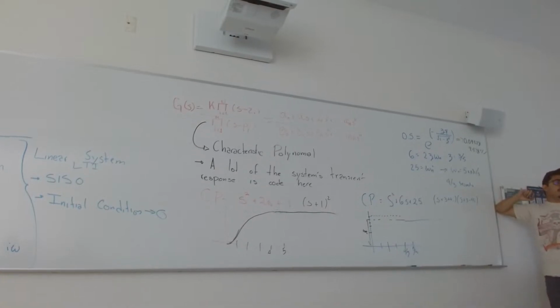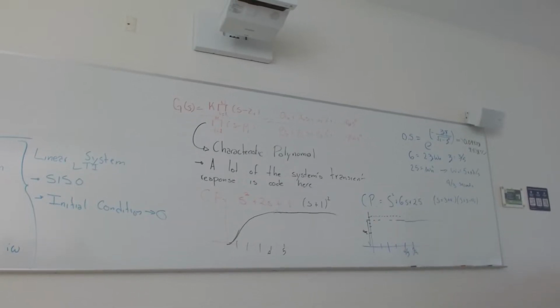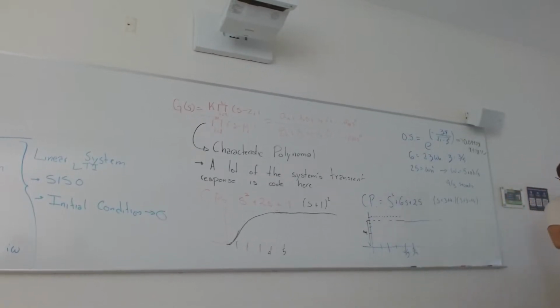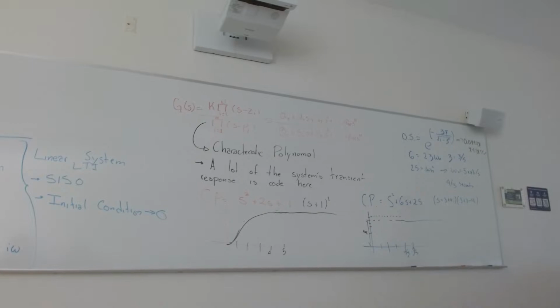How many complete oscillations are those? What's the value of a complete cycle in radians? 2 pi is around 6.28. And I have 6.666, so I'm going to see a little bit more than a complete oscillation.